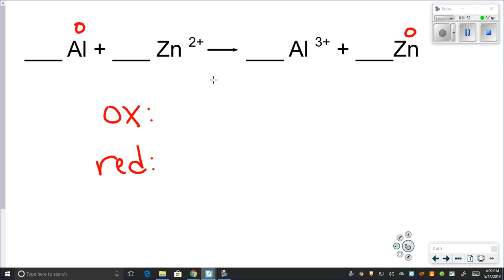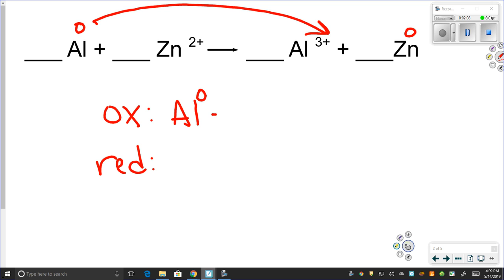Our aluminum is going from 0 to +3. That means if we're becoming 3 more positive, we have to be losing 3 negatives. If we are losing, that is oxidation. We are losing 3 electrons because we're going from 0 to +3.